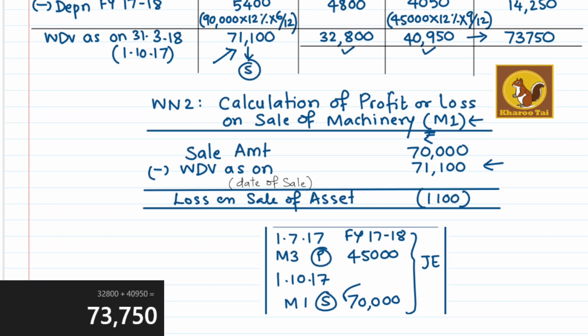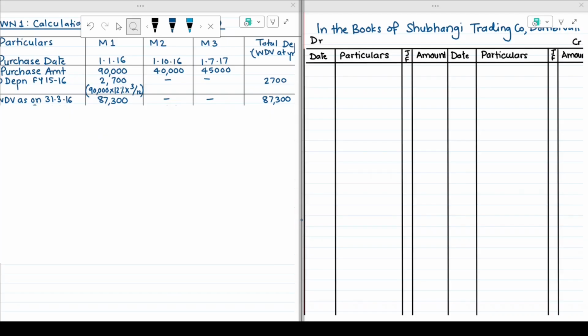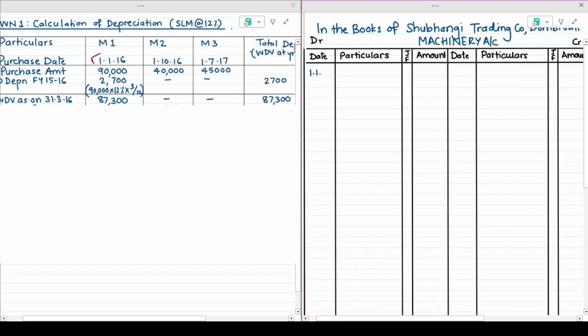With this, all our workings are done, and now we can start our posting. What is the question asking? It is asking machinery account only for 3 years and journal entry for last year. So in the books of Shubhangi Trading Company, Dombivali, we will open machinery account. On 1st Jan 2016, the entry will be machinery account debit to bank account.